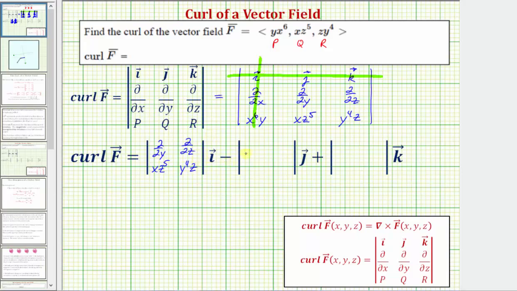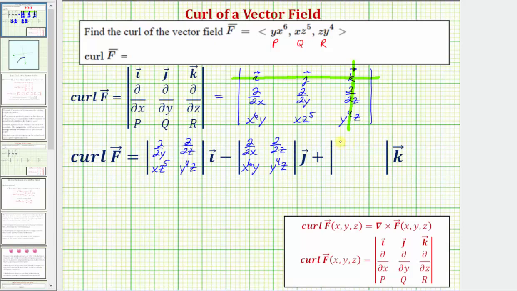times the i vector minus, for this 2 by 2 determinant, we eliminate the row and column of the j vector. So we eliminate row 1 and column 2, which gives us the partial with respect to x, the partial with respect to z, x to the sixth y, and y to the fourth z, times the j vector, plus, for this last 2 by 2 determinant, we eliminate the row and column of the k vector, so we eliminate row 1 and column 3.